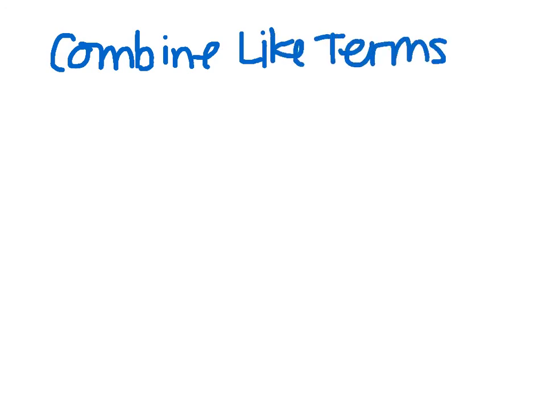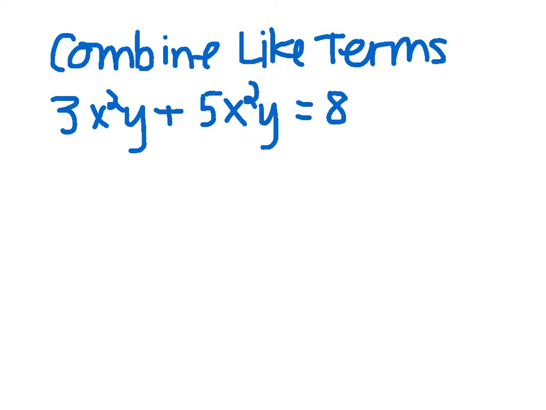As we saw in the example before, if I say 3x squared y, I'm not sure if this is exactly what it was, plus 5x squared y equals 8x squared y, you can see that when you have the like terms, as we showed before, they're exactly the same, including which exponents go where. The x squared, the squared is with the x, the y. If there is no exponent, it's 1. So this is 3 and this is 5.